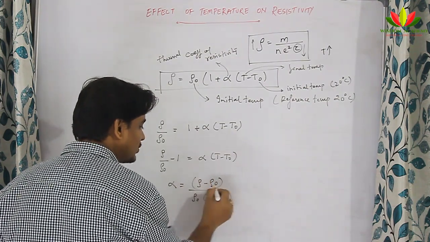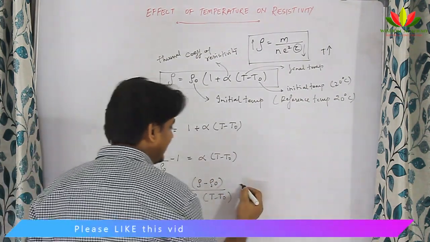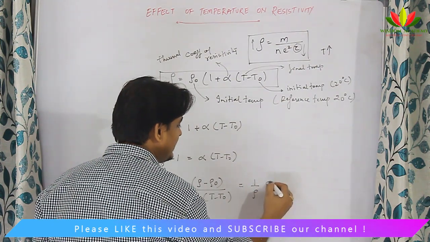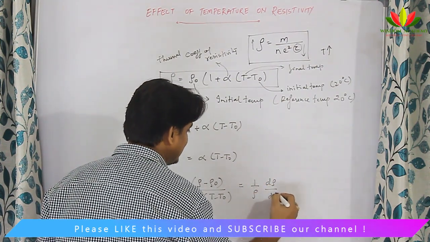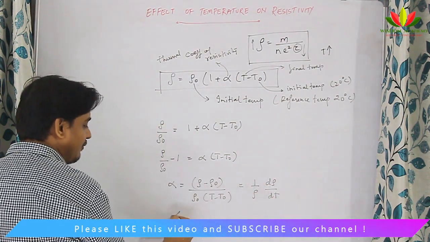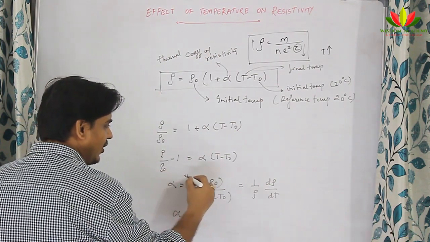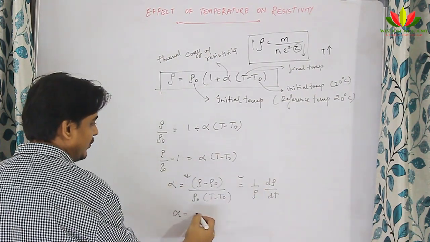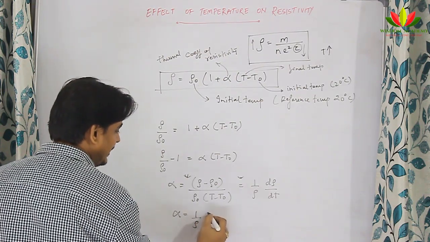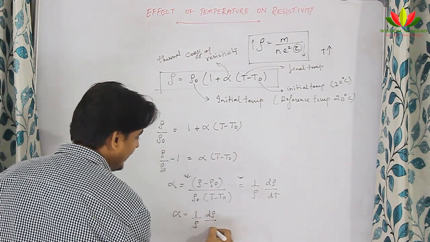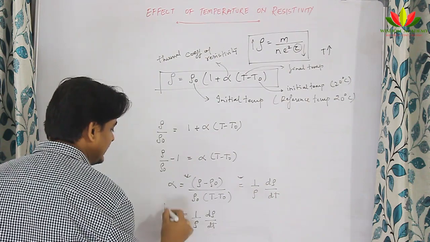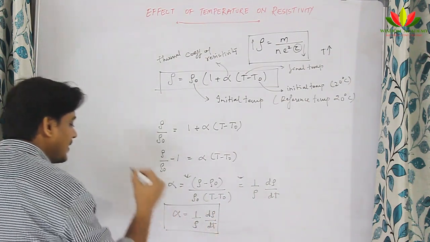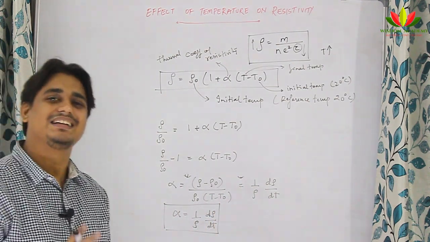This rho minus rho naught and T minus T naught, I can even write as d rho by dt. So, you will find alpha written as either this formula or this formula, both are correct. So, alpha is 1 by rho into d rho by dt. This is the thermal coefficient of resistivity.